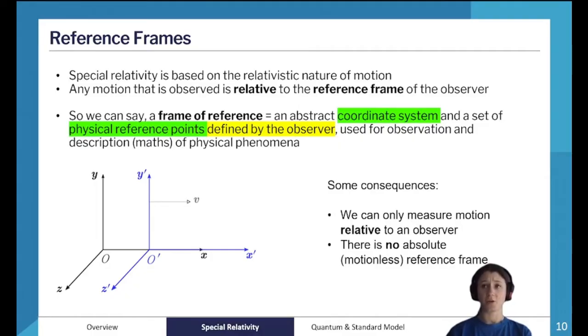The other thing that you need to know is the difference between a relativistic reference frame and relativistic motion. A relativistic motion, or an inertial frame of reference, is one that is not accelerating. Not that it's not moving, it's not accelerating.